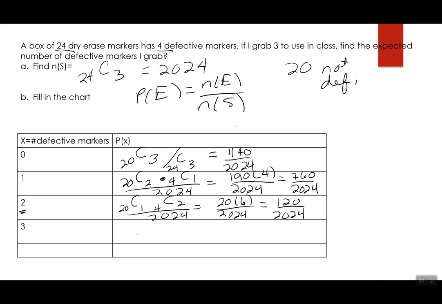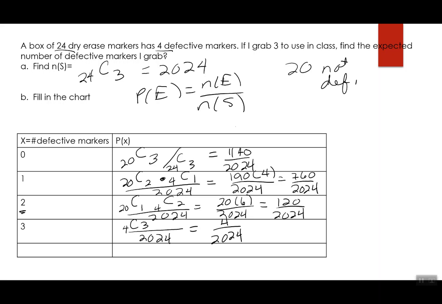All right, and then our last thing that we're looking at is all three of them are bad. So from the 4 markers, I'm picking 3 of them out of the 2024. That says there are 4 ways out of the 2024 that I pick all 3 of them to be bad.